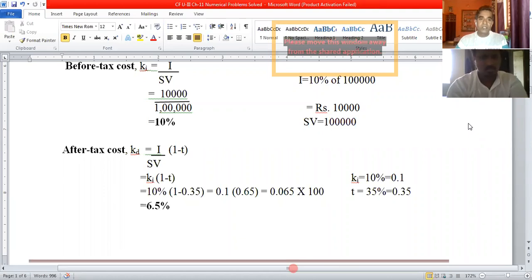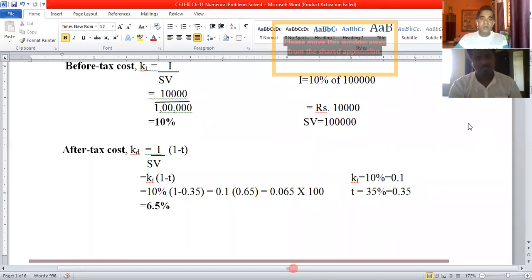Small f is the flotation cost, the expenses incurred while issuing debentures. Small d is the discount on issue of debentures, if any. PI is the premium on issue of debentures, if any, given in the problem. PR is the premium on redemption of debentures.